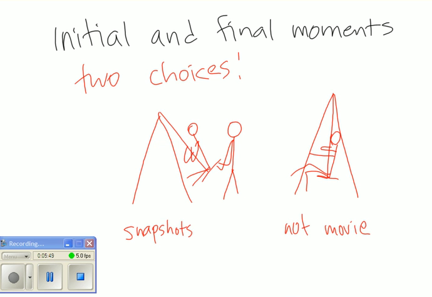It sort of freezes time. The picture's incredibly useful, but you can't show things like motion with the picture. And you can't show precisely maybe how much higher the kid is in the beginning, in the initial moment, than at the end.